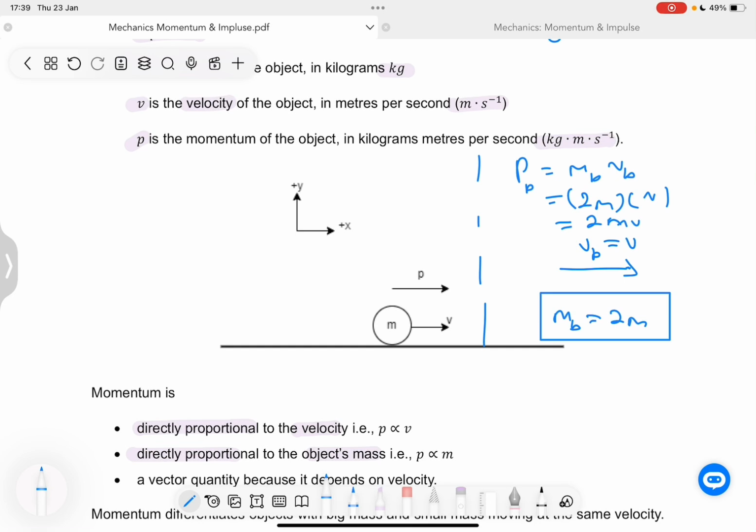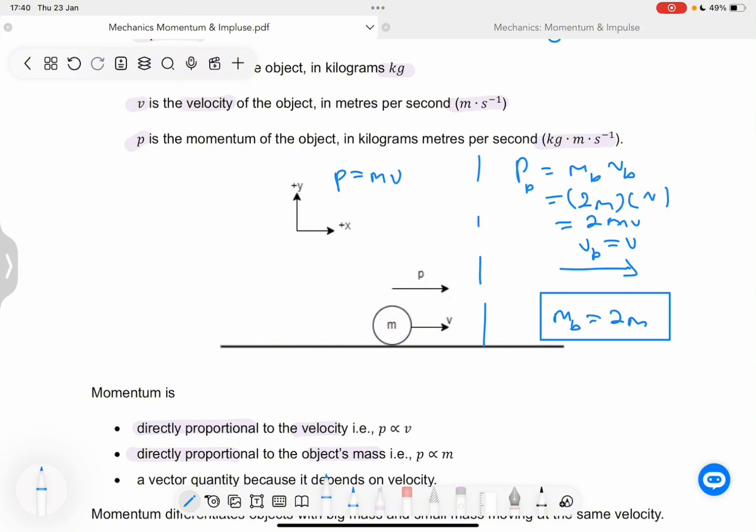Now, if you check this momentum, it has a relationship with the momentum of this ball here, because the momentum of this ball is given by p equals mv. Remember, I'm multiplying this and this, then I get the p.